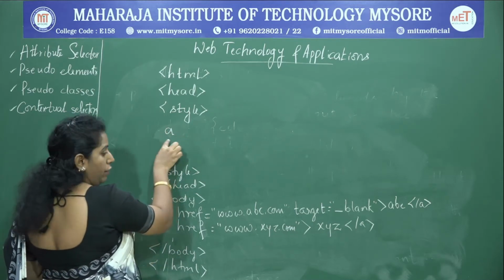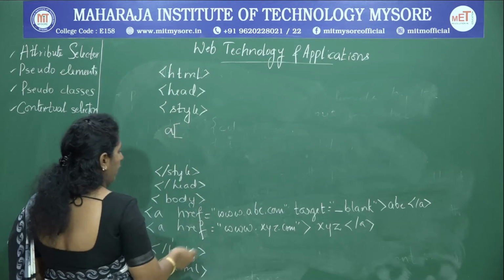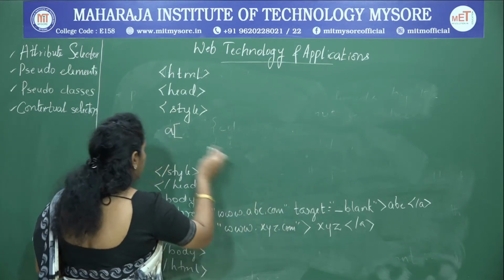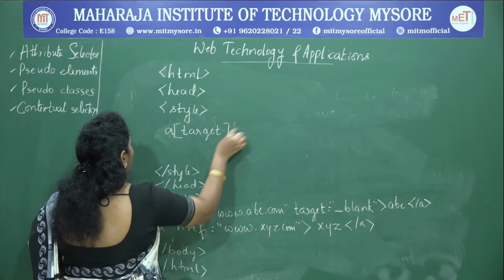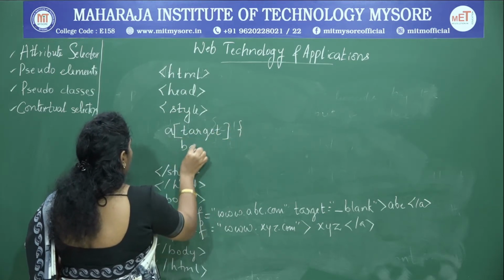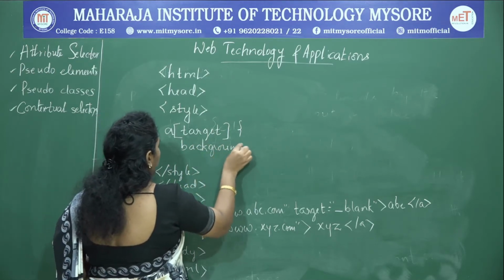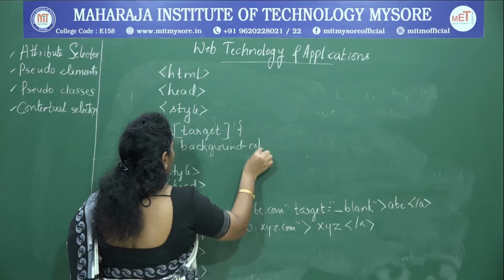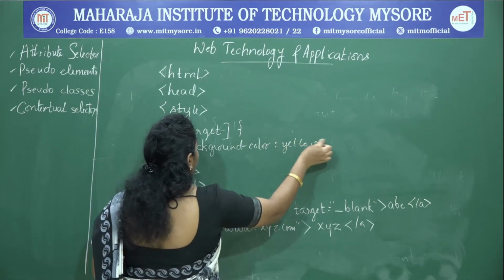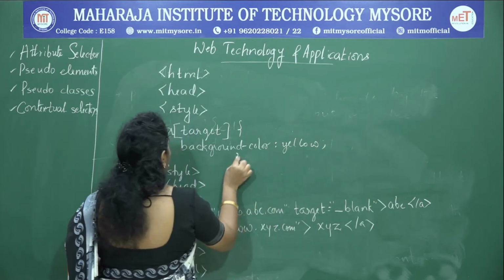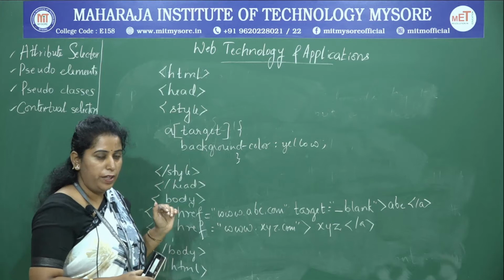You have to take a selector A and inside square brackets I am going to use this attribute, that is target. For this I am going to set a style rule, that is background color yellow. So, finally close this rule. Only one rule I have specified.